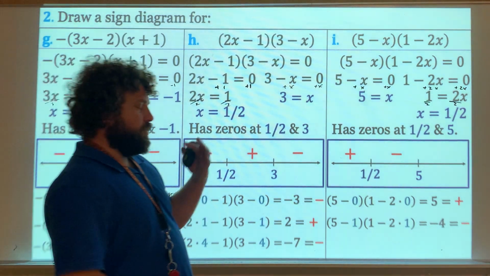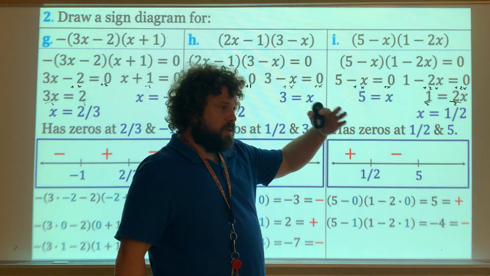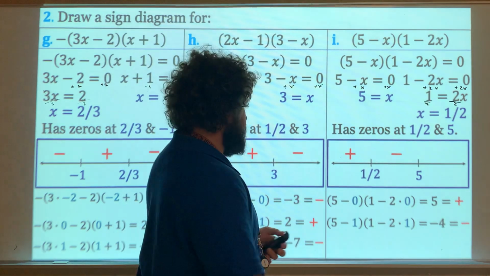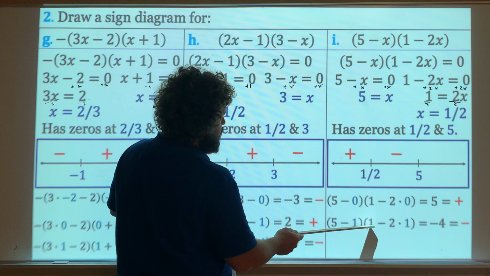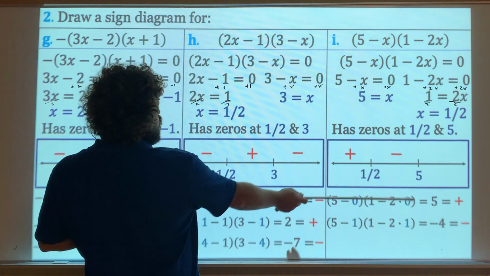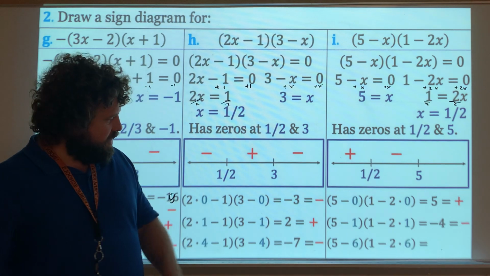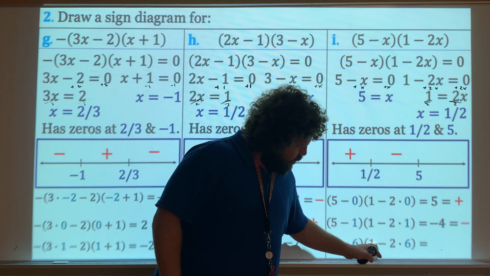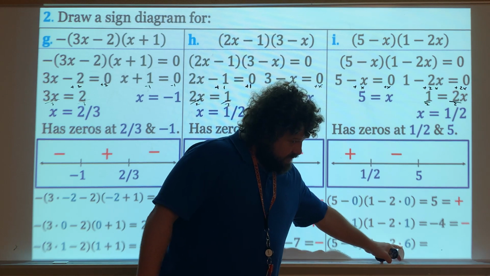Remember your PEMDAS: parentheses, exponents, multiplication, division, then addition, subtraction. That's why you're multiplying these before you do the 1 minus. 5 minus 6 is negative 1, times 1 minus 12 is negative 11.